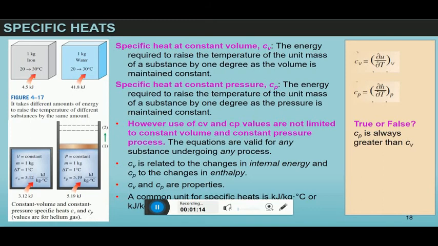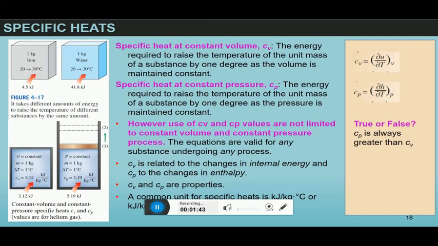Now please remember, this constant pressure or constant volume process is the process that we use to measure Cp, Cv values. However, you can use Cp value for a constant volume process. You can use Cv value for a constant pressure process.